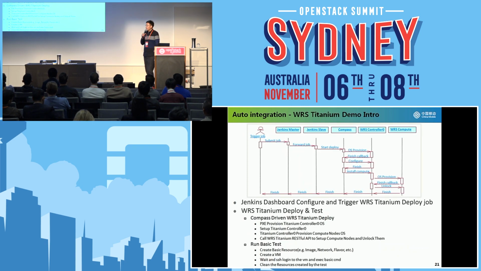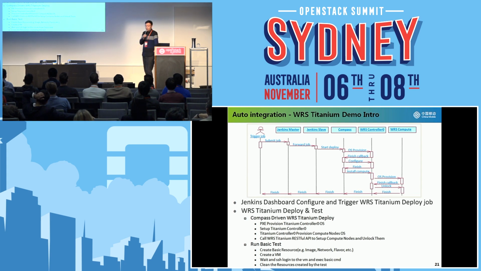And here's the process of the job. As you can see, the user triggers a job, and then the job is submitted to the Jenkins master and slave and to Compass. And there are some interactions between Compass and Wind River controller 0.